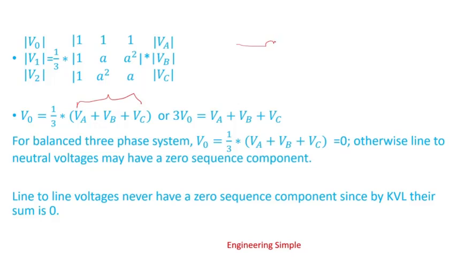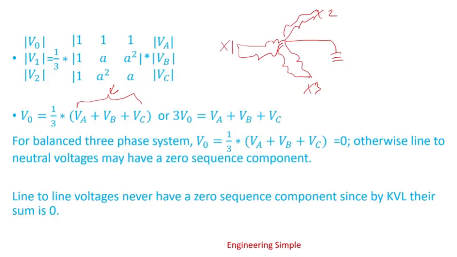So if you have a grounded Y, the voltage from here to the neutral, from here to the neutral, from here to the neutral, that's this sum here. Or if we multiply both sides by 3, you get 3V0 is equal to the line to neutral voltage across phase A plus phase B plus phase C.